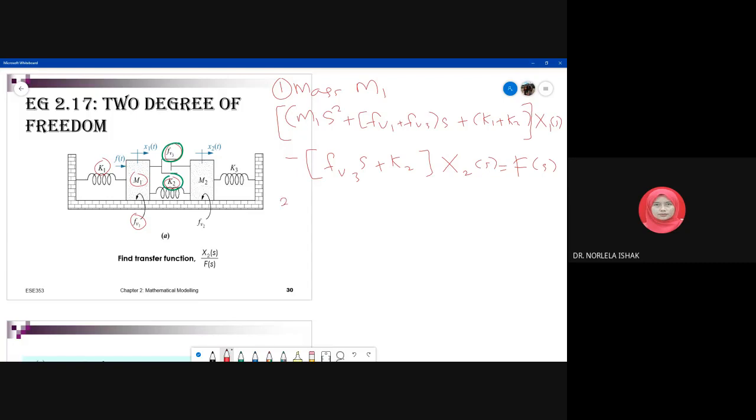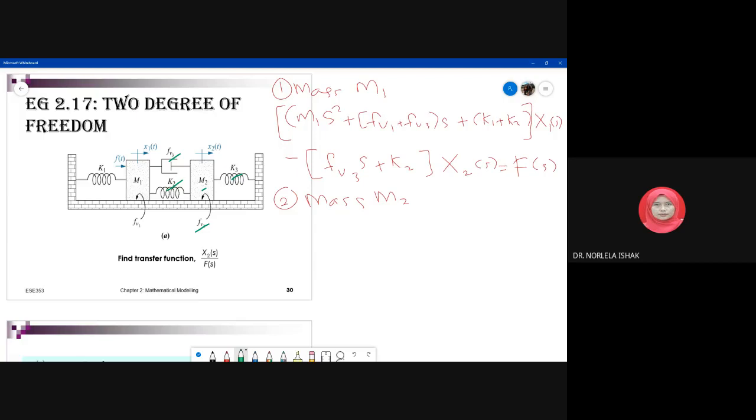Okay, number 2, mesh number 2. How to derive mesh number 2? So meaning, what's the equation related to M2? Related to M2: FB3, FV3, K2, M2, FB2, FV2, K3.